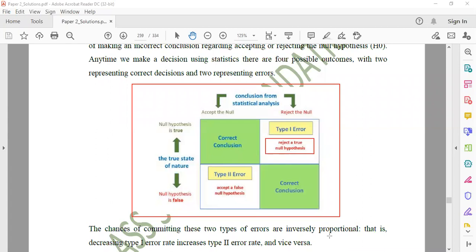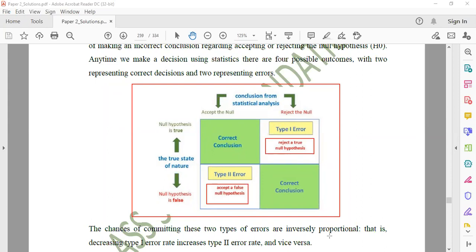And type 2 में क्या है? Accept a false null hypothesis. Type 2 में आपका होता है accept a wrong or a false null hypothesis. So both the statements were interchanged there in the options. So that's why the third and fourth statements are wrong, because type 1 में आप जो reject करते हैं वो true null hypothesis को reject करते हैं, but question में ऐसा नहीं लिखा हुआ. Question में लिखा हुआ है wrong null hypothesis, और type 2 में उल्टा होता है. ठीक है.